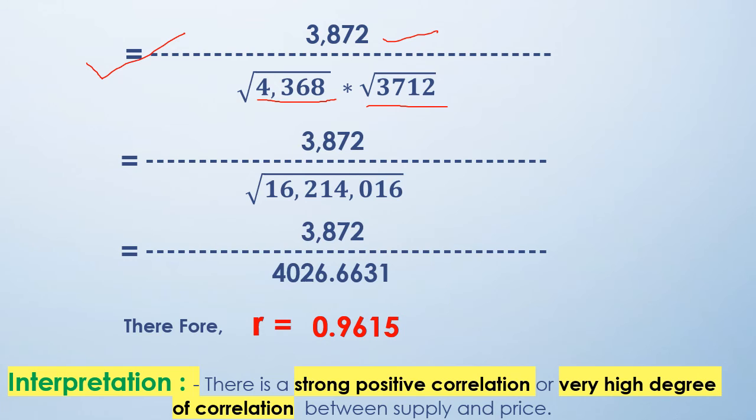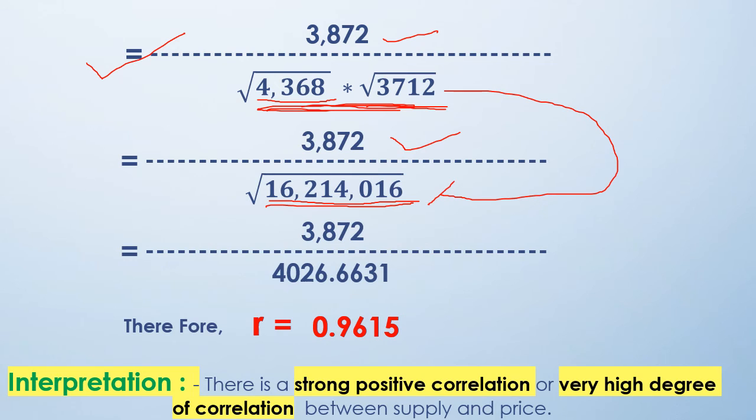Then we take the product of these two values directly: 3,872 upon positive square root of the product of these two numbers, that is 1 crore 62 lakh 14,016. You can use a calculator to verify the number here.